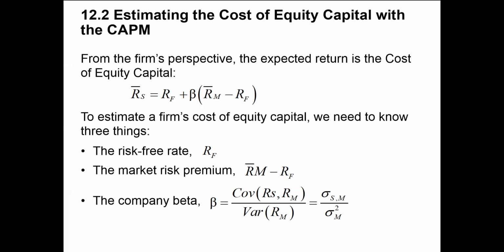So to estimate the firm's cost of equity capital, you need to know the following three components. First, the risk-free rate, second, the market risk premium, and finally, the company's beta, right?